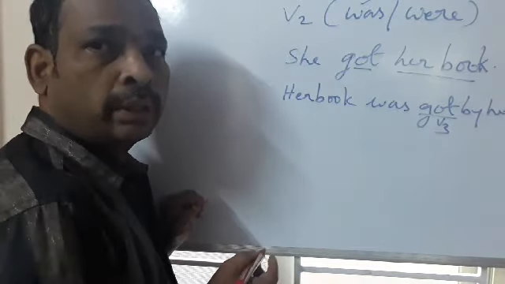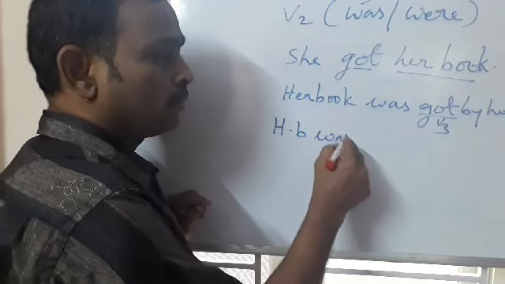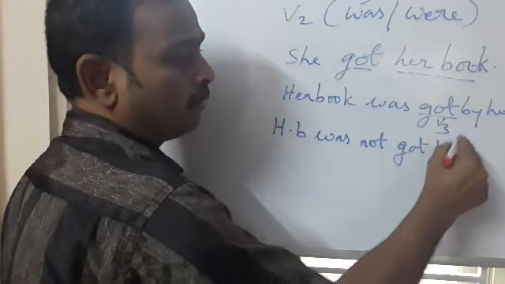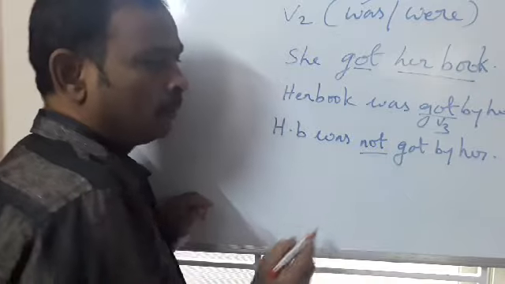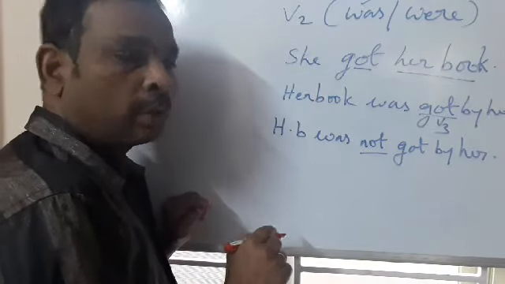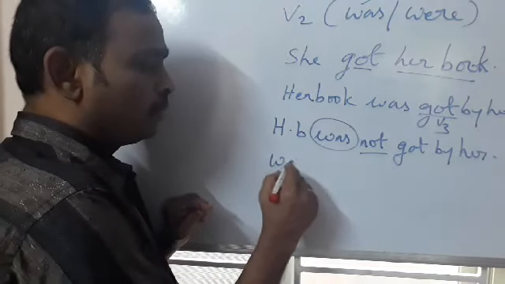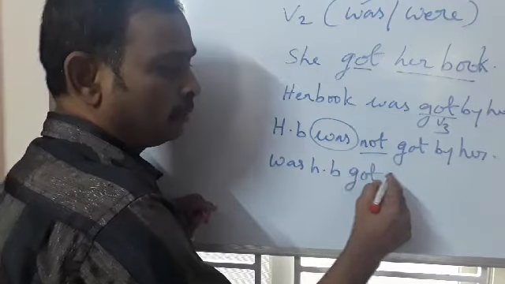Suppose you want to write negative. Her book was not got by her. So, here not. Suppose you want to write interrogative. So, bring this was before that. Say, was her book got by her?